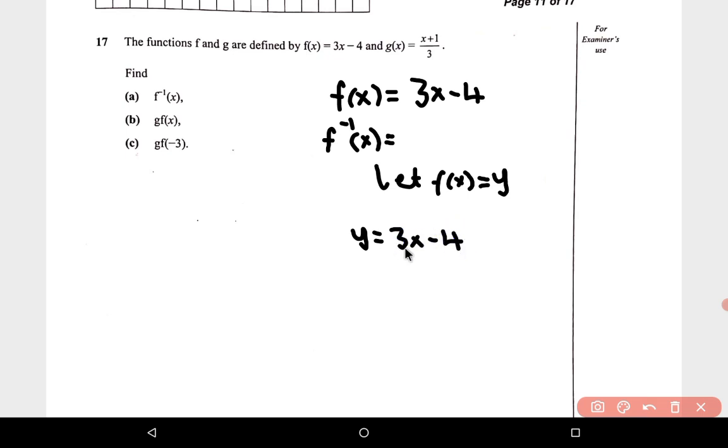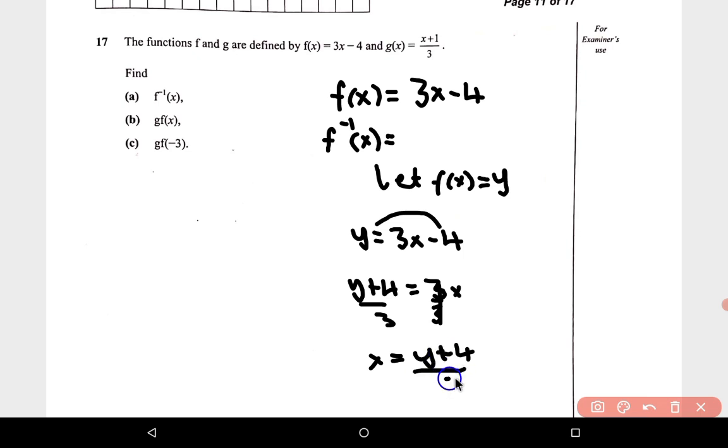So we've replaced f of x with y, and then we make x the subject of the formula. We can take 4 this side, so y plus 4 is equal to 3x. So divide by 3, divide by 3, and you get x is equal to (y plus 4) over 3.